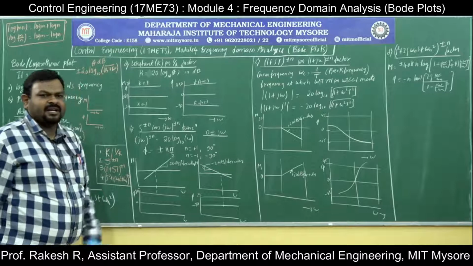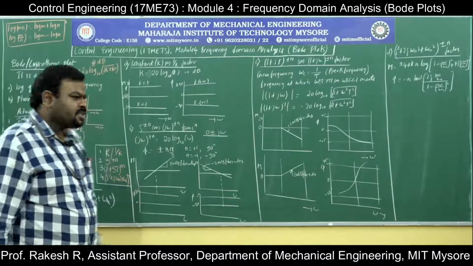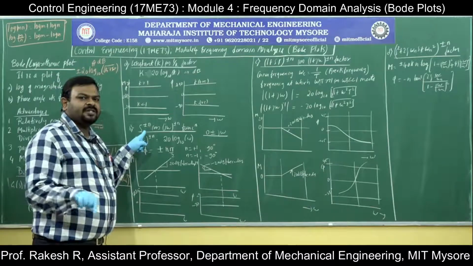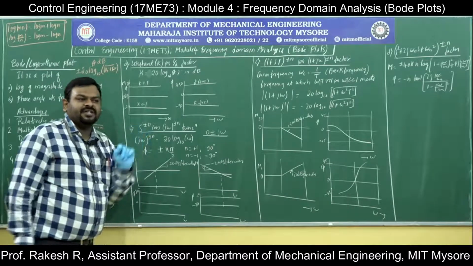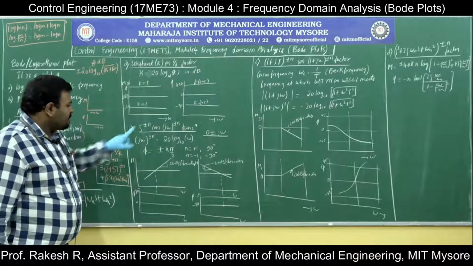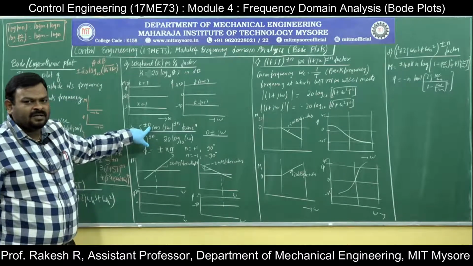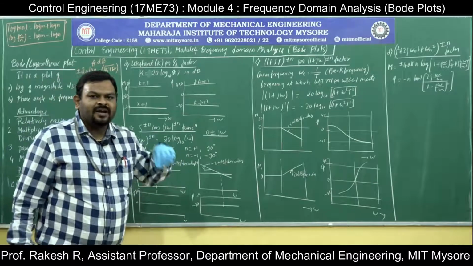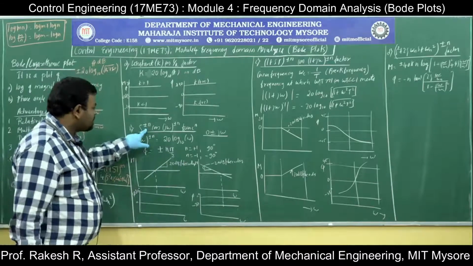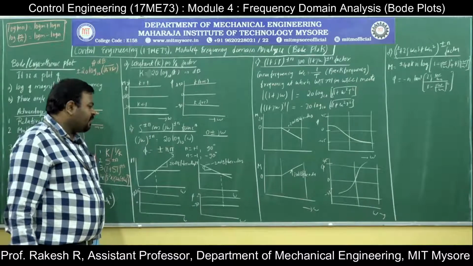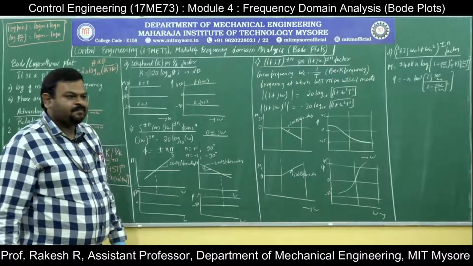The second term is the s to the plus or minus n term. What is this? This term represents the poles at origin or zeros at origin. So what is the power of s? It can be 1, 2, or 3, so it is plus or minus n. If the power is positive, then it will be 20 log 10 of omega.